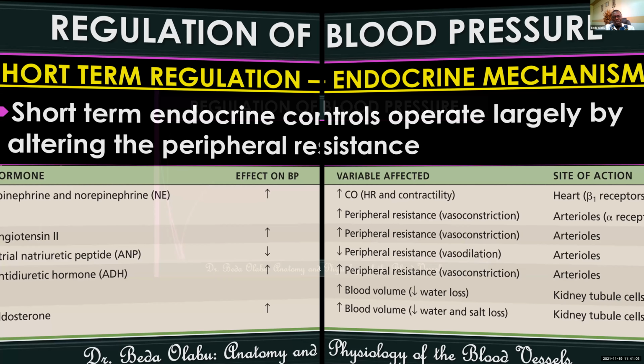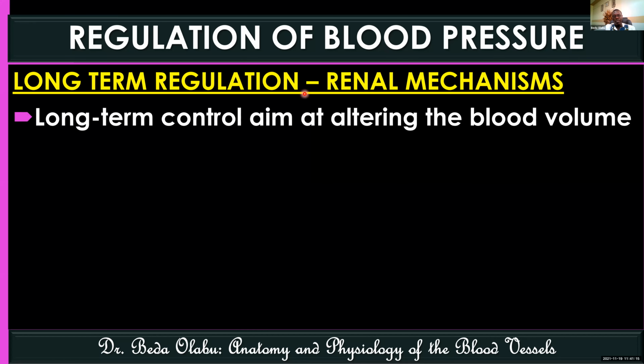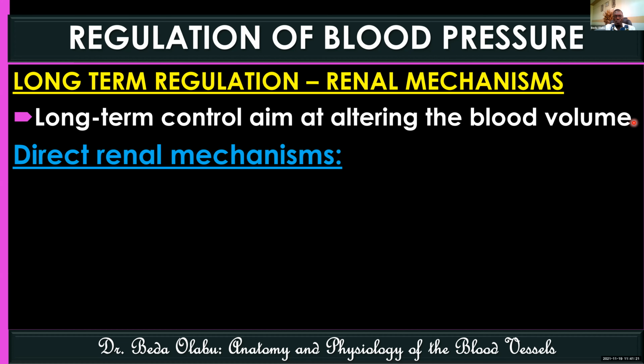Now we can talk about the long-term mechanisms of blood pressure regulation. The long-term mechanisms of blood pressure regulation rely on the kidney. These mechanisms are aimed at altering the blood volume. So there are two types of renal mechanisms of regulation.